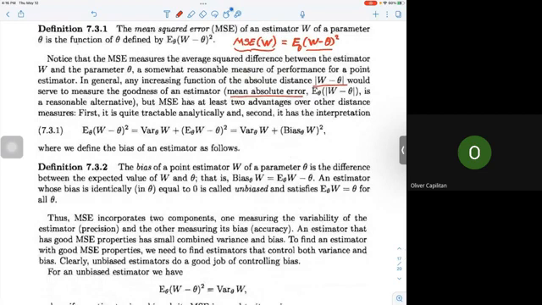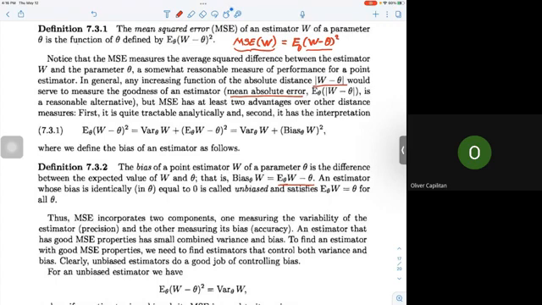Kaya parang ma-define natin yung bias natin. The bias of our estimator W is rather equal to this difference: the expected value of W minus the parameter theta.